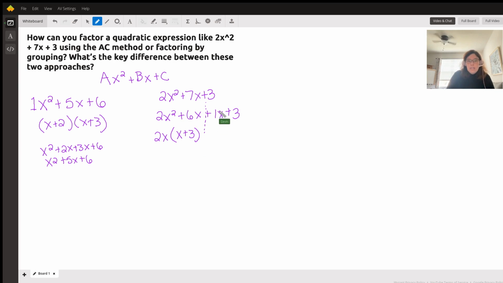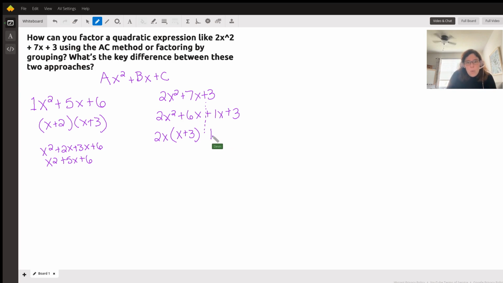All right, and now we can do the positive 1x plus 3 and find the greatest common factor. And the important thing to remember is when you are pulling out the greatest common factor, you have to make sure what's left is the same as what you have in the parentheses over here. So with x plus 3, the only thing you could pull out of it is 1.